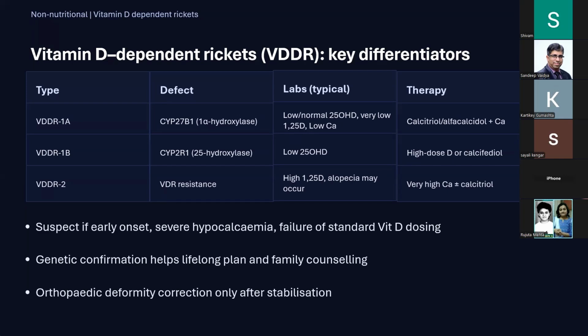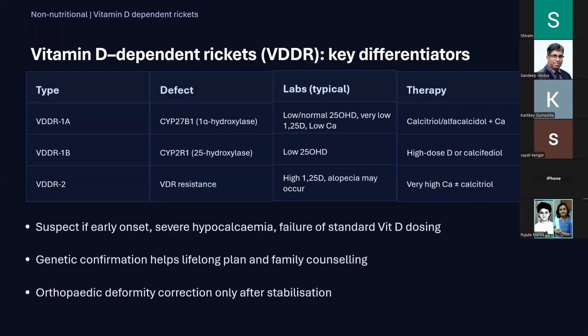Such type of rickets is suspected if it's early onset or there is severe hypocalcemia, and there is failure of standard vitamin D dosing. Genetic confirmation also helps with lifelong planning and family counseling.